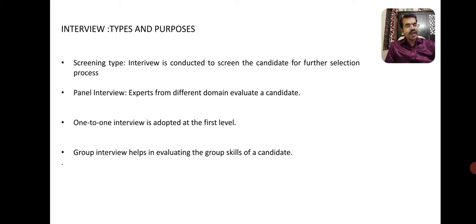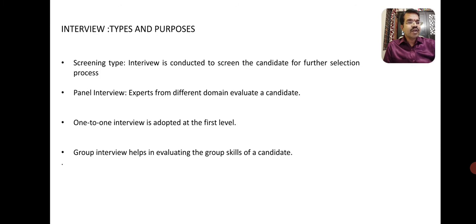Here the panel interview is conducted to do a very objective evaluation of the candidate, whether the candidate is really suitable to be offered the advertised job in the organization or not. This panel consists of people who are experts from various domains, people who are experts in their respective fields.